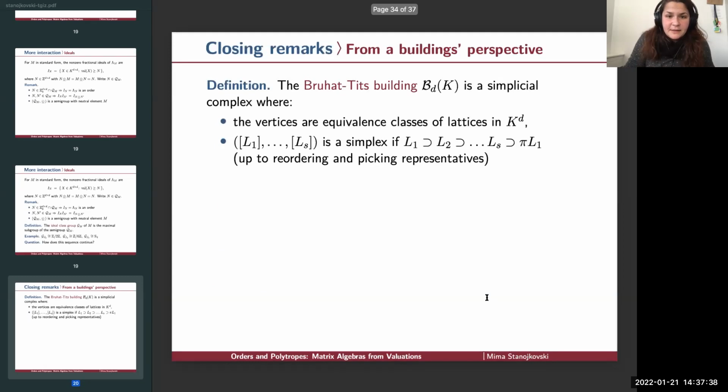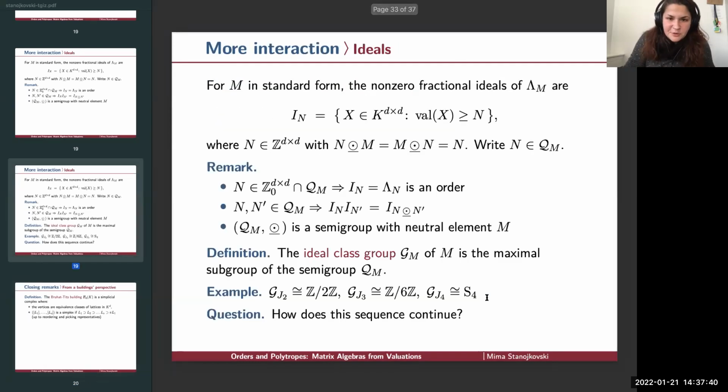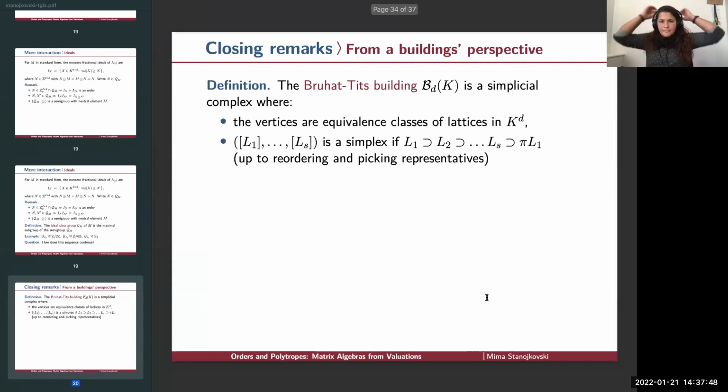Another thing that I wanted to mention, and this is sort of how we want to continue, so thinking of this project at a different level, is that all of this we understand from the point of view of buildings. So let me tell you what a building is in the context we are in.